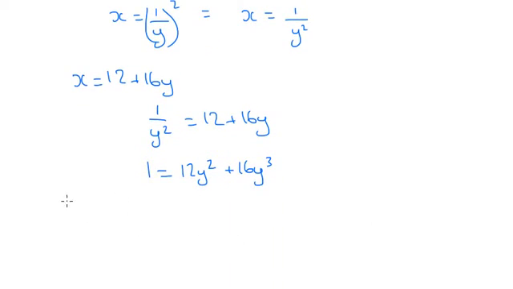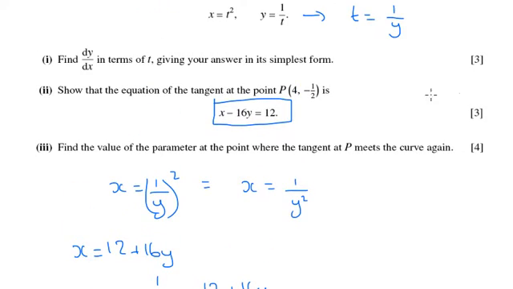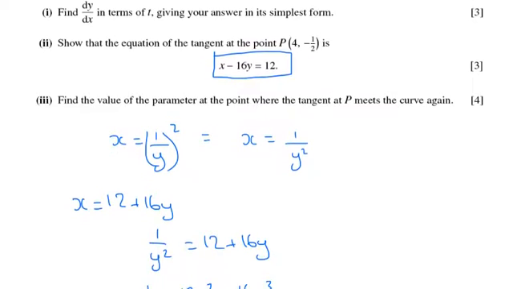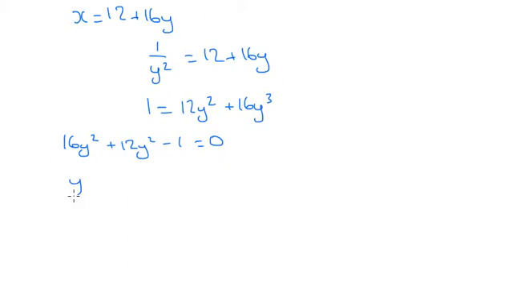So if I rearrange this into 16y cubed plus 12y squared, take 1, equals 0, then I know that one of the solutions is that y equals negative a half. Or in other words, a root of that would be that 2y plus 1 is a factor.